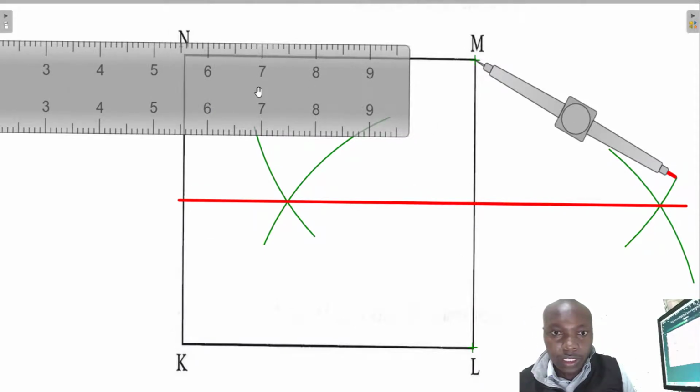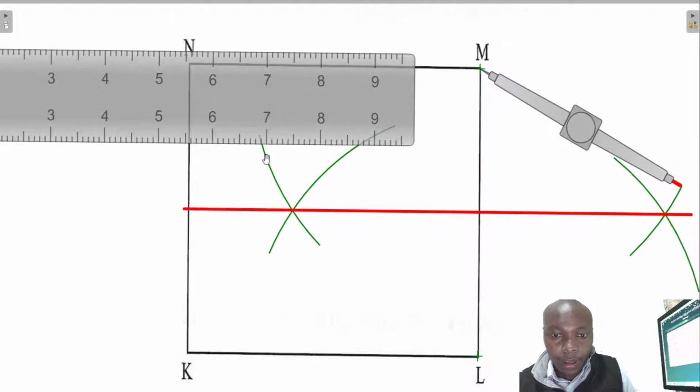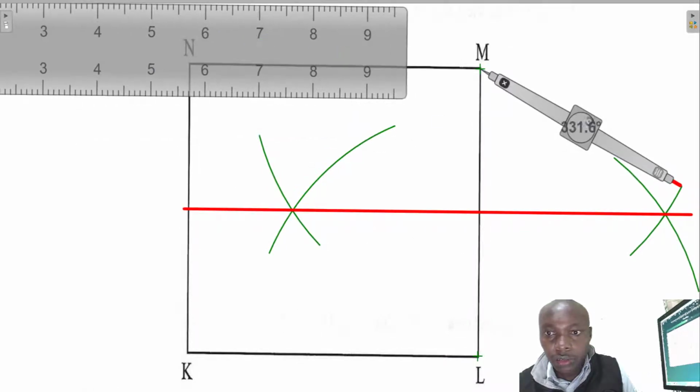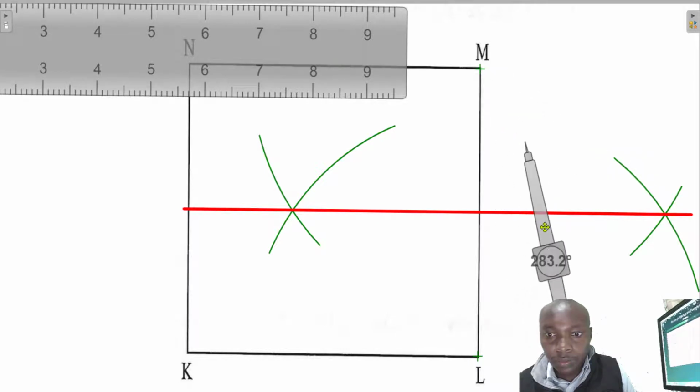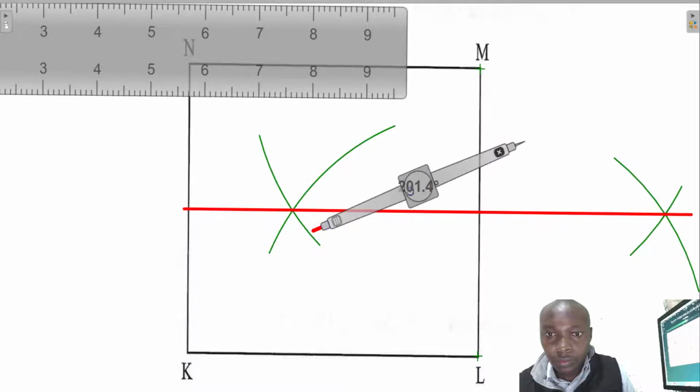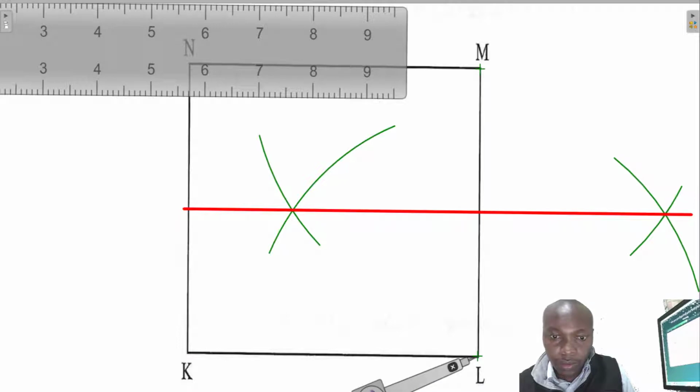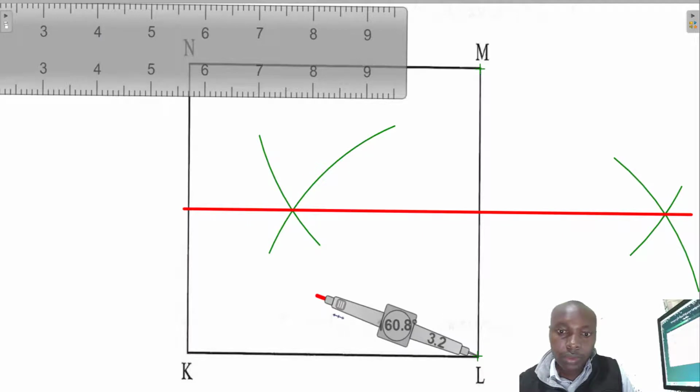To construct the bisector of that, what you need to do is simply take your pair of compass, then stand at that point where you have the angle you want to bisect. I can make this one a little bit smaller.